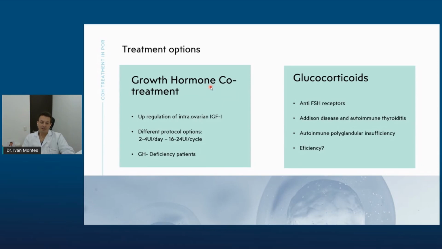The patients used the same protocol, the agonist protocol, but in the second group, they also used growth hormone. And despite an increase in the number of retrieved oocytes, metaphase 2 oocytes, and fertilized oocytes, there was no significant difference in the live birth rate.